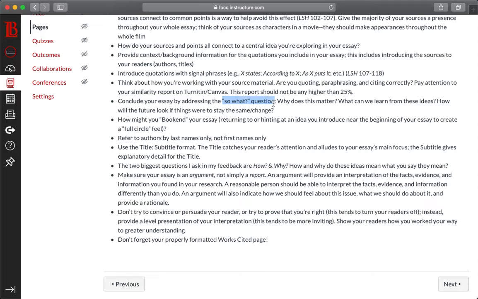Why does this matter? Another thing that could be really effective for your conclusion is thinking about bookending your essay. To bookend means to conclude your essay with an idea that you introduced at the start of your essay. So it kind of comes full circle. As an example, Neil deGrasse Tyson does this in Cosmic Perspective. If you guys will recall, he introduces that James Ferguson quote at the very beginning. He used it as the epigraph, and then he kind of launched off from there into the ideas he wanted to explore.